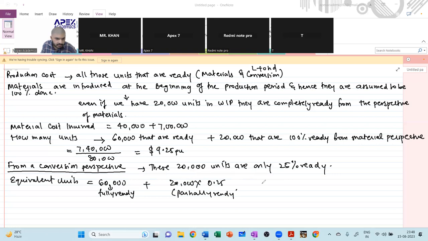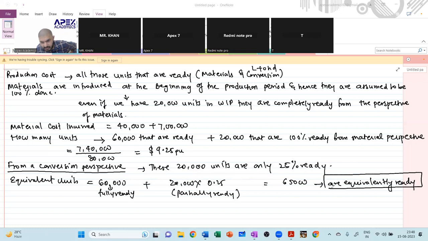So how many units are ready? 65,000 units are equivalently ready. Are you understanding this? Yes or no, please tell me. From conversion cost angle.